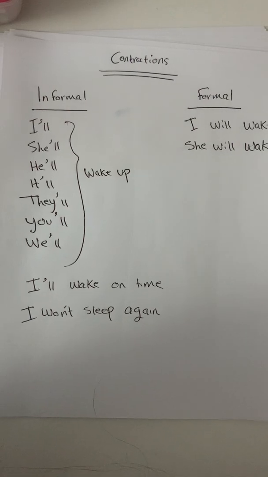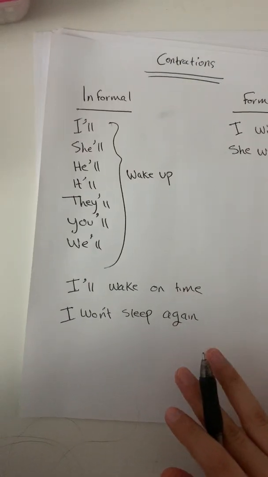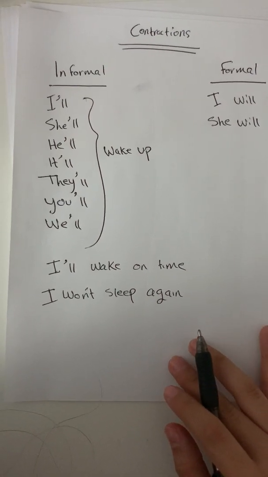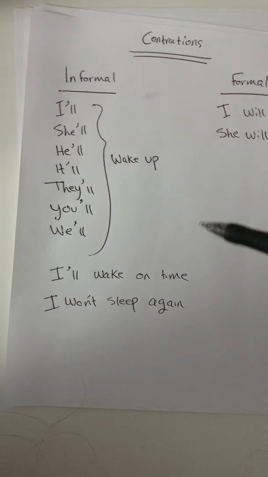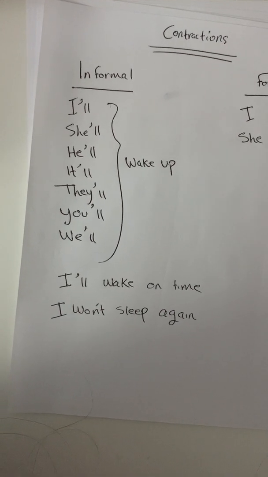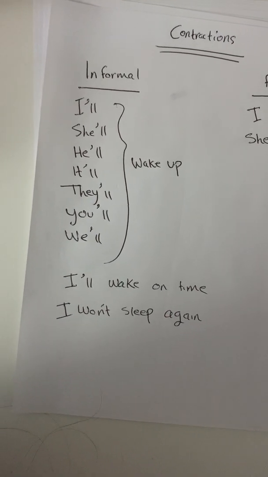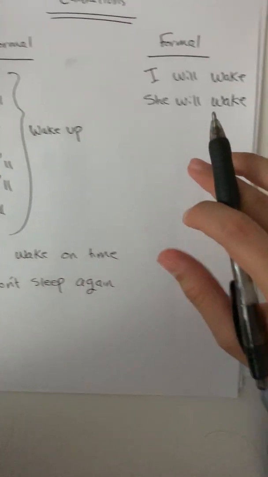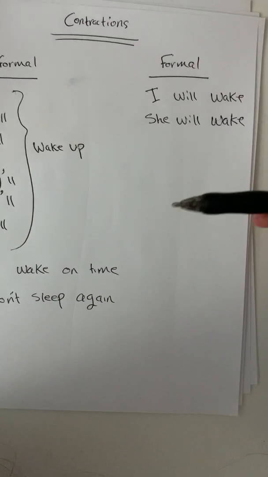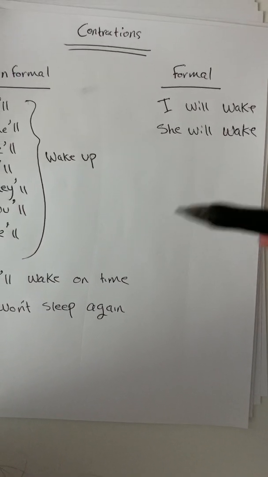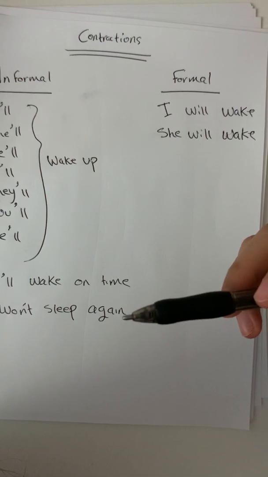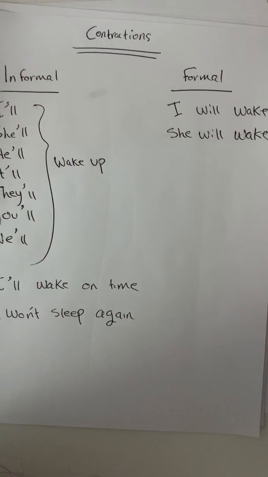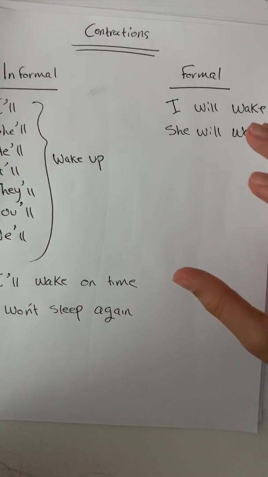Okay. Now the contractions. If you want to use informal conversation, you have to contract it, make it shorter. Or if you are typing an essay, or you are typing an email to your manager or your boss or supervisor, you do not have to shorten or contract the will.